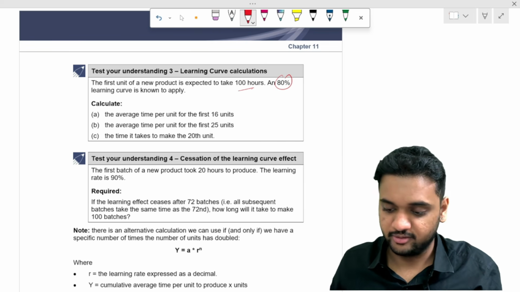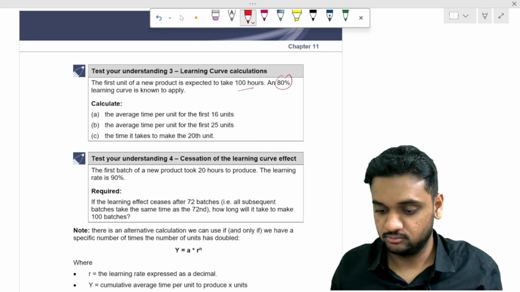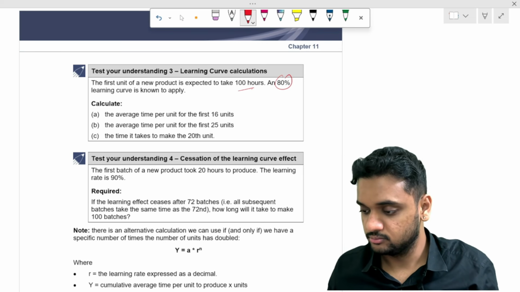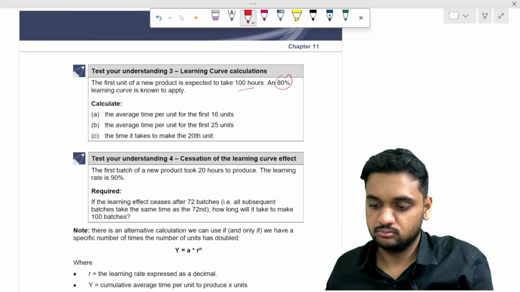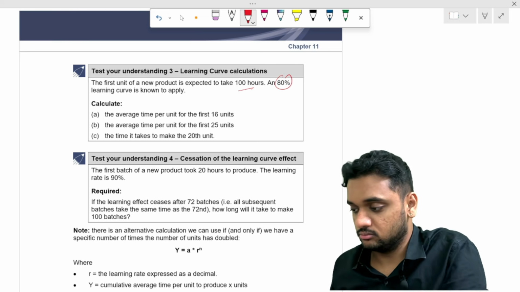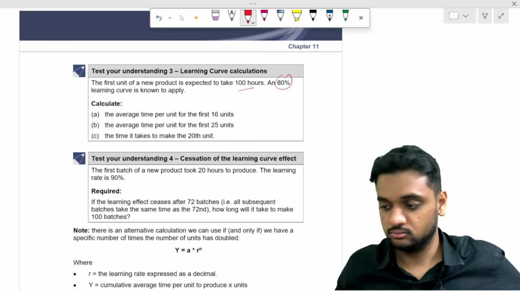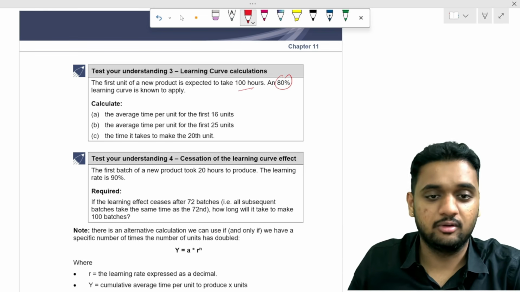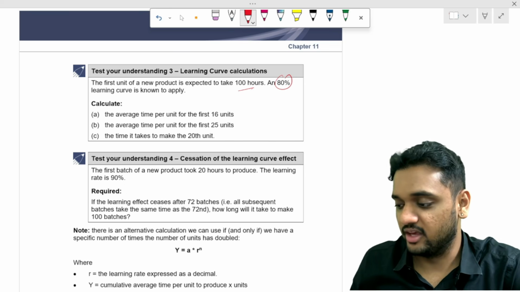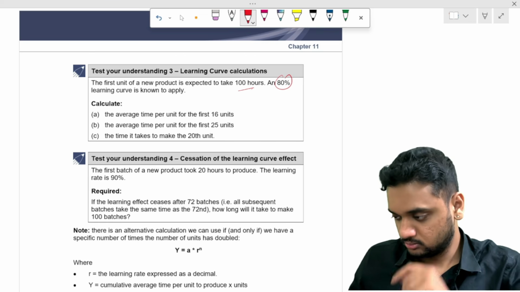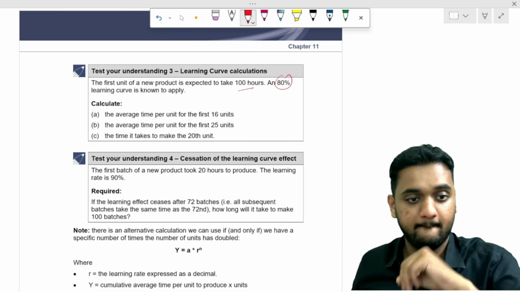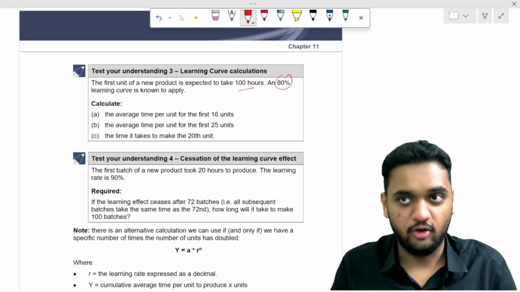Tell me what is the answer you're getting. They gave time for the first unit, 80% learning curve they gave. 40.96.